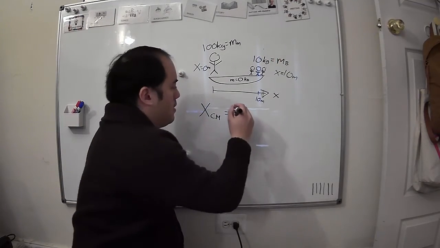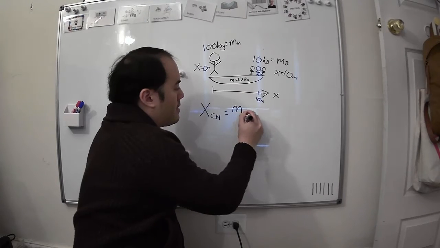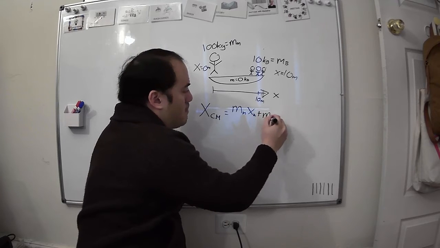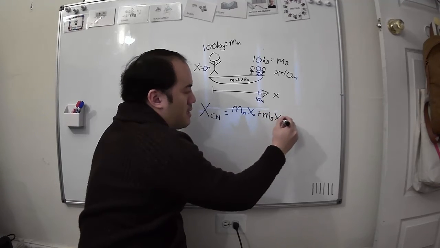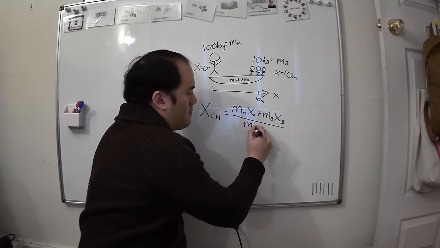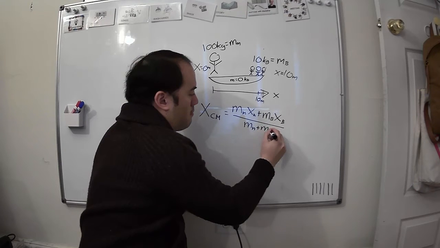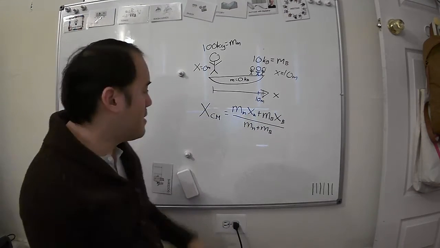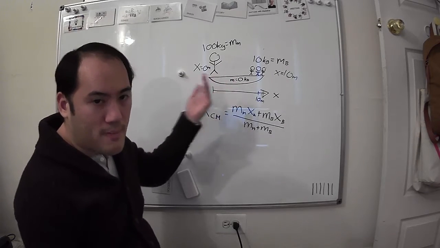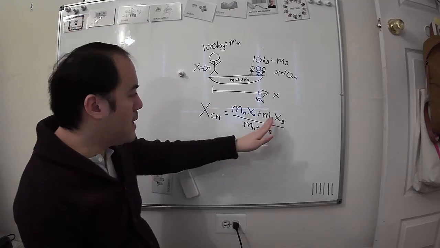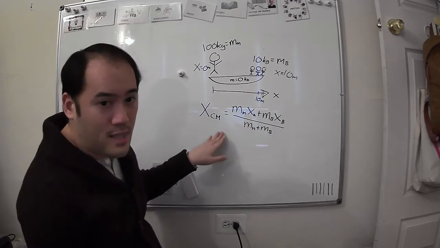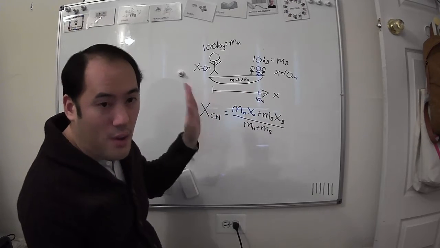It's equal to the mass of the man times the position of the man plus the mass of the babies times the position of the babies, over the total mass. Hopefully this makes sense. The more mass the man has, the more the center of mass is on the left side. The babies' mass at their position pulls the center of mass to the right side. It's kind of an average of the position of all the mass.